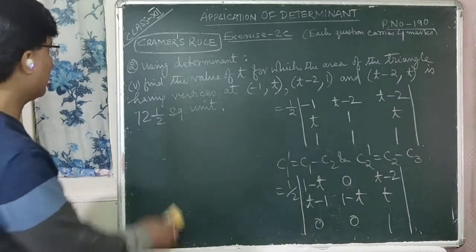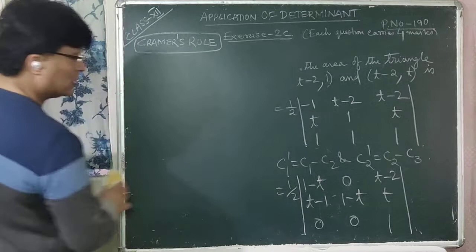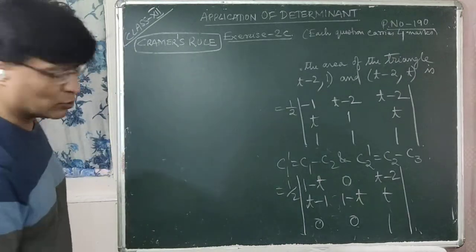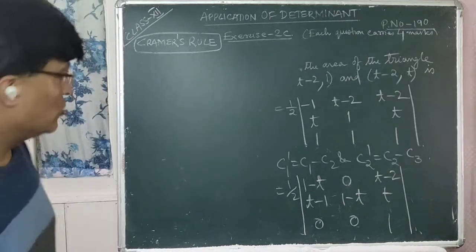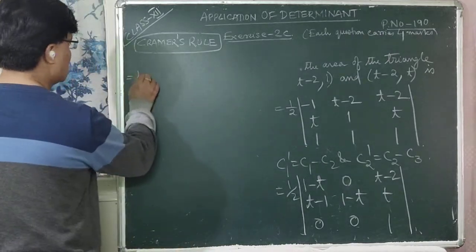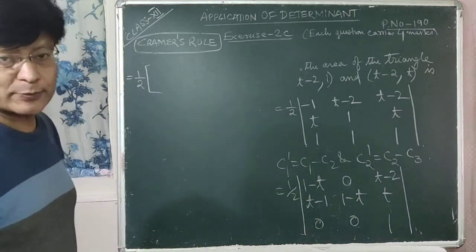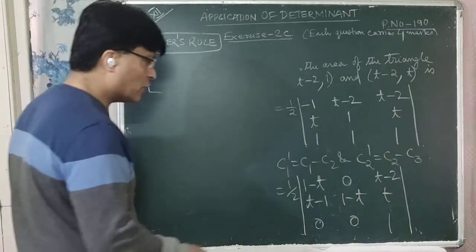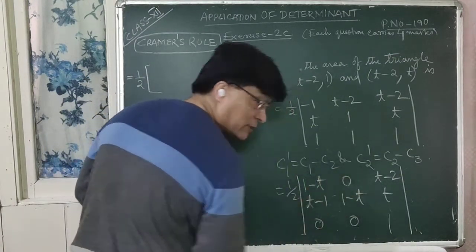So now let us expand it. Let us expand it with respect to the third row, because there are 2 elements 0 in the third row, right? So is equal to half within third bracket. Let us expand it with respect to the third row. In the third row, which sign will you take? From the first row, plus, minus, plus.